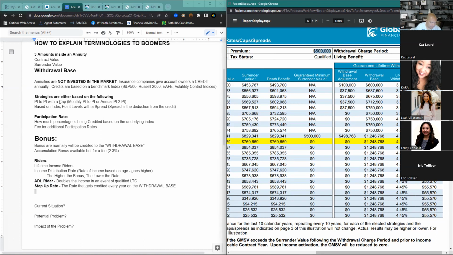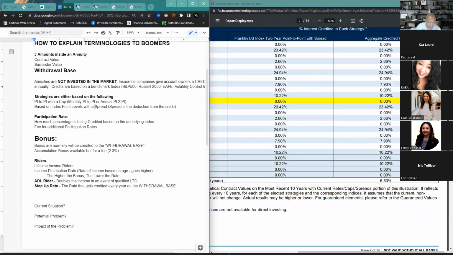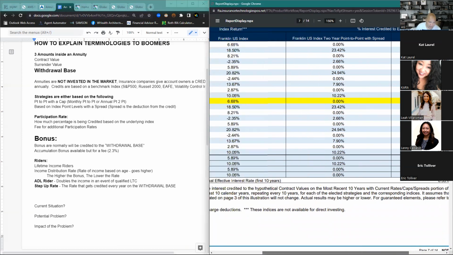Okay? Point to point cap, we already discussed that. Spread, you guys already saw that. If you want to see it again, well, there's no point to point cap here, only a spread. So the spread here is a little bit higher.